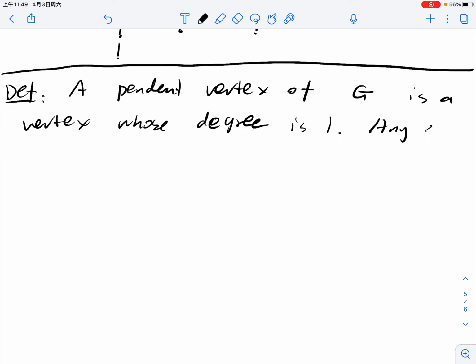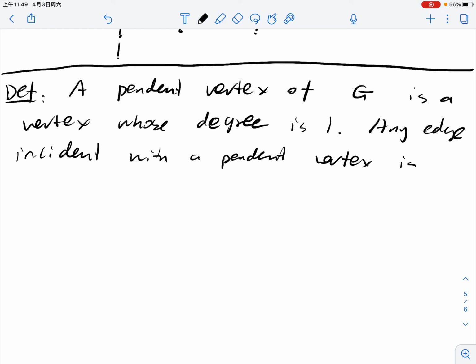Any edge incident with a pendant vertex is called a pendant edge.